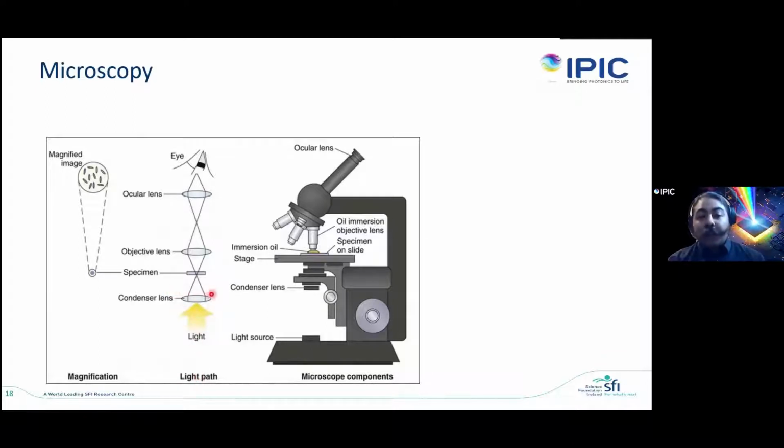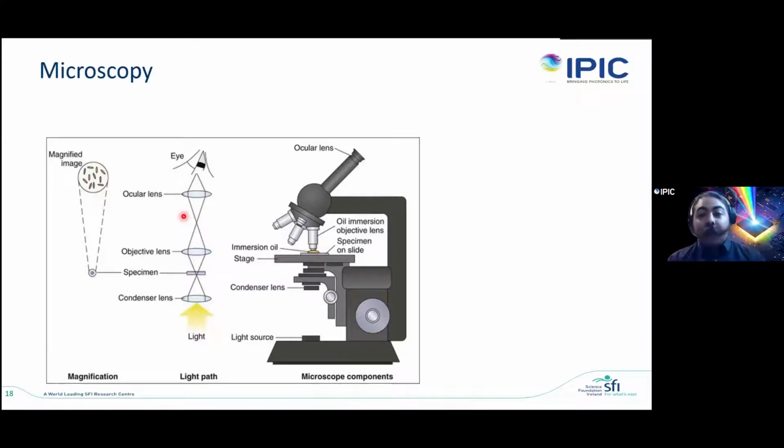The light passes through a condenser lens, which focuses the light in a plane within the sample. That image is then magnified by an objective lens and an ocular lens before going to your eye. So you see that very big image of something very small.